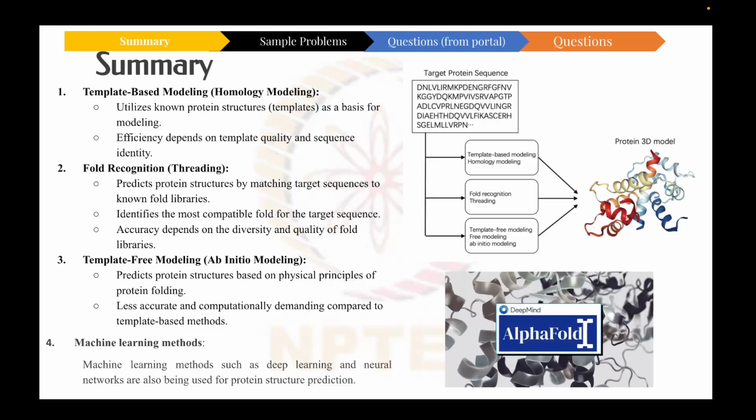This method relies on the assumption that protein structures are more conserved than sequences, and therefore two proteins with similar sequences are likely to have similar structures. Homology modeling requires a template with high sequence similarity to the target protein and can generate accurate models when the template is of high quality.